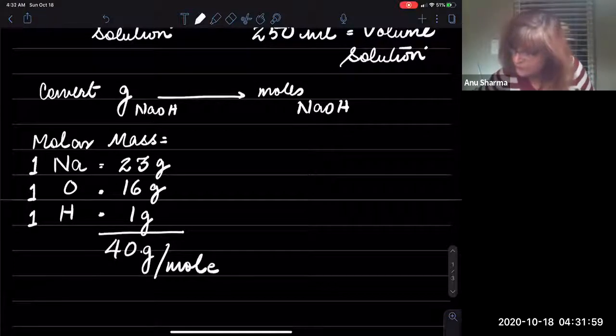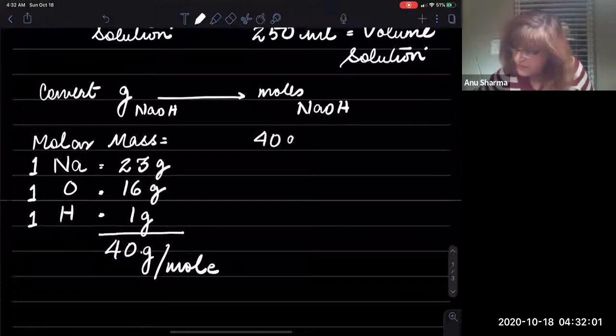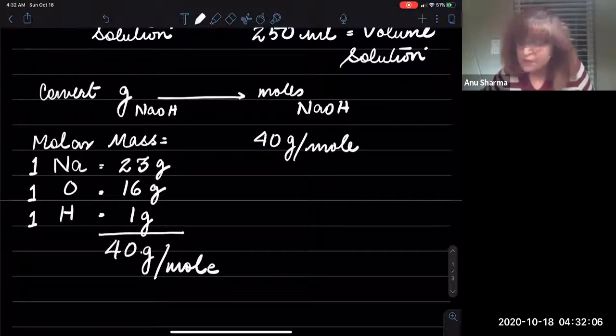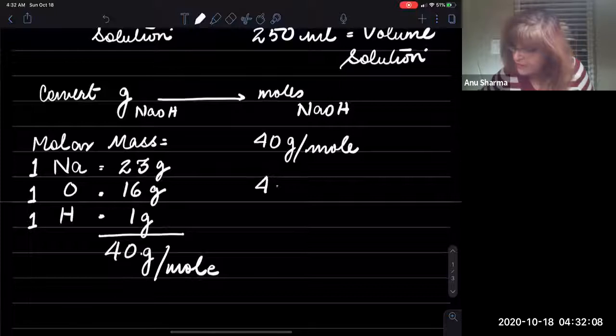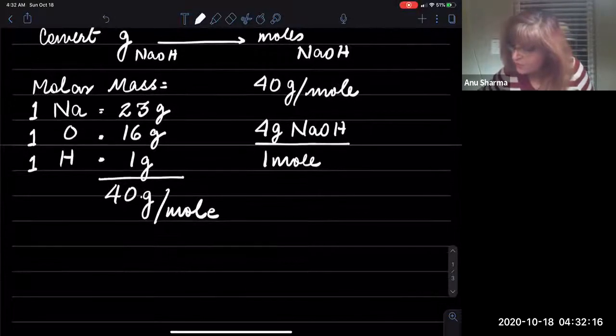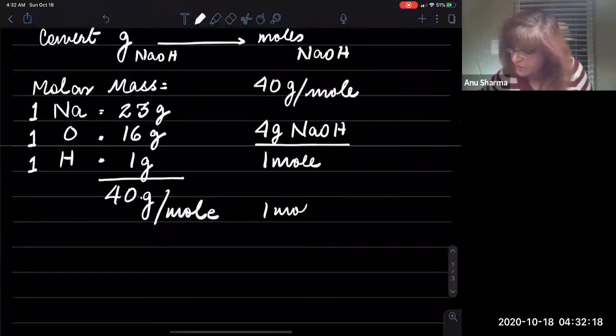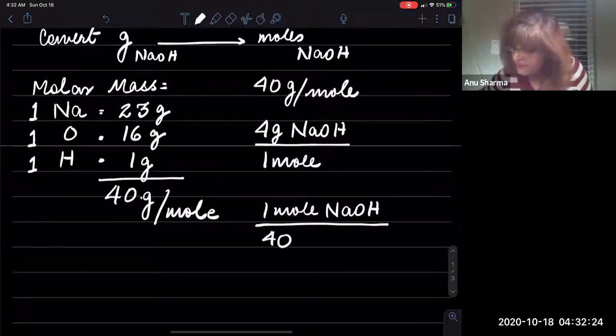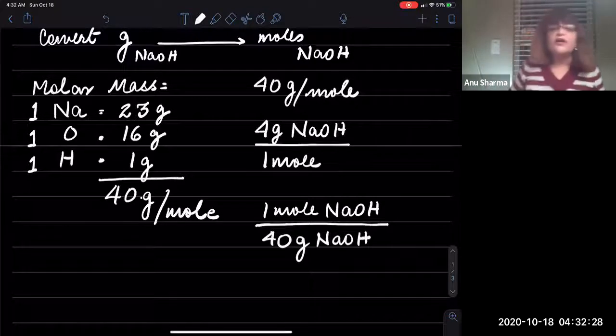So the conversion factors are: 40 grams of NaOH is present in 1 mole, or 1 mole of NaOH contains 40 grams of NaOH. These are the two factors.